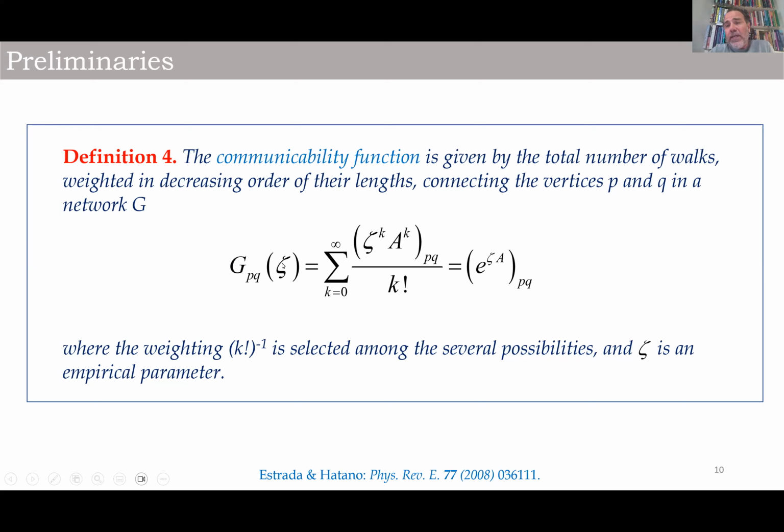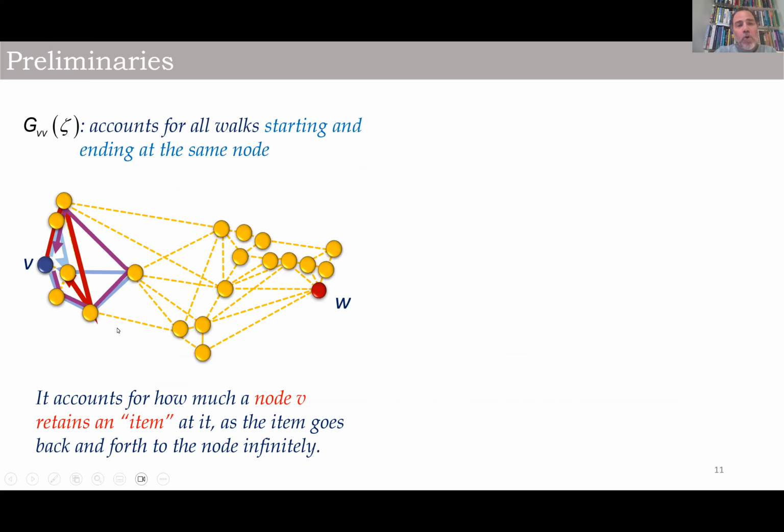I can consider the communicability of a node to itself as like the echo that a node has when it sends some information: how much of this information returns to this particular node. And this is given by the total number of closed walks that start and end in this particular node.